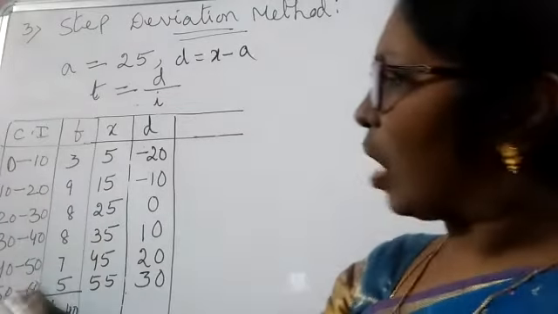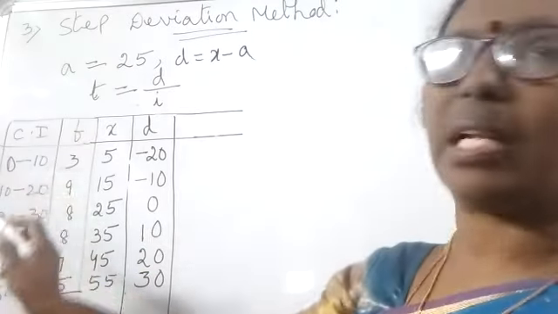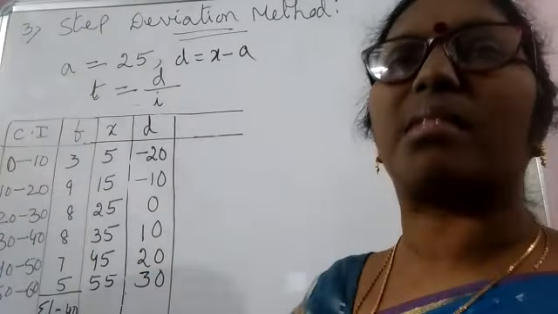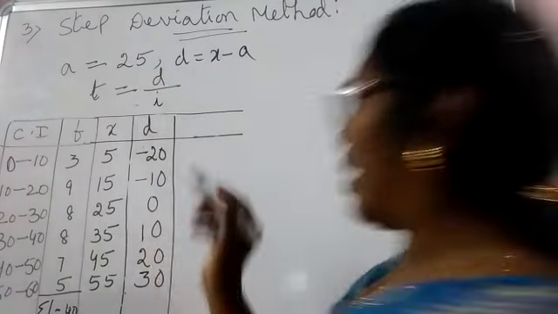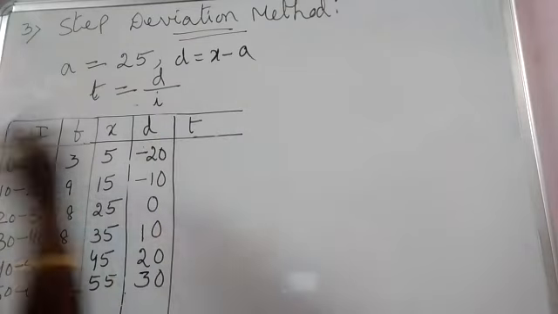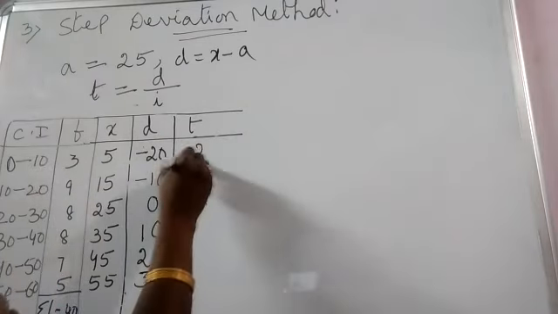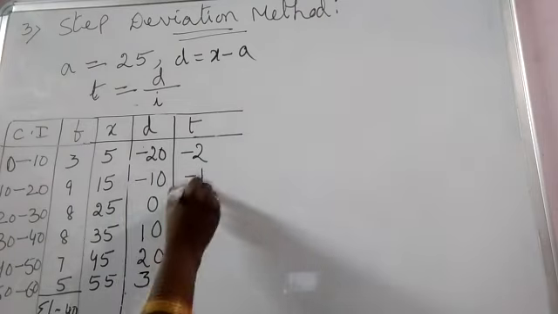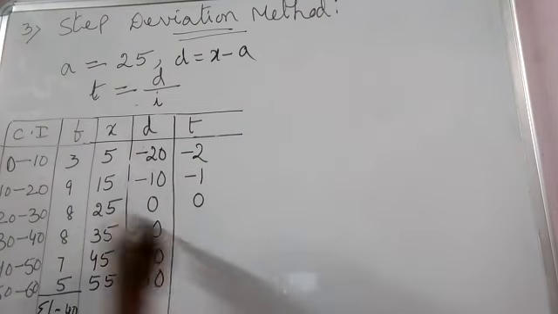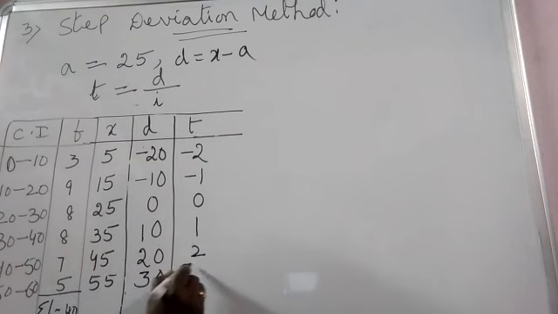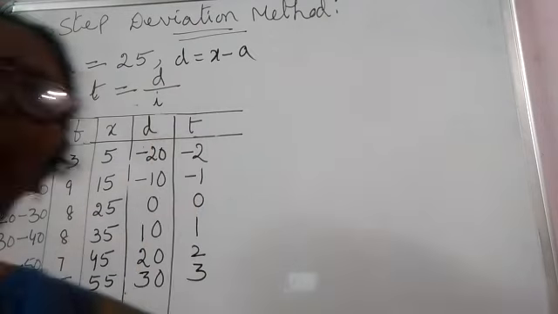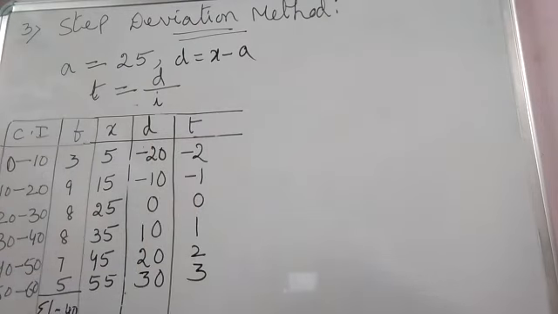The class size of each class interval of this given distribution is 10. So each deviation divide by 10 and find t. T is equal to minus 20 by 10, minus 2, minus 10 by 10, minus 1, 0 by 10, 0, 10 by 10, 1, 20 by 10, 2, 30 by 10, 3. Children, you see, now the calculation became very simple, isn't it?